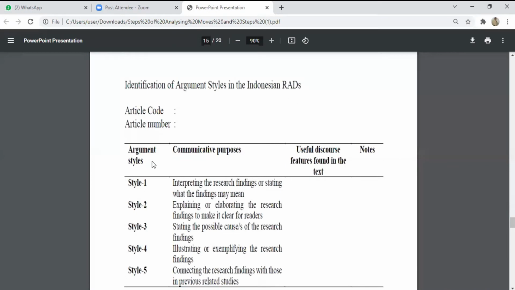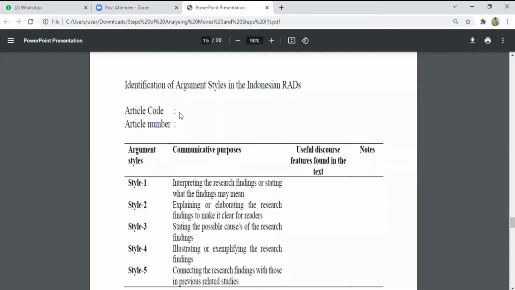This is called argument style. Style one, the communicative purpose: interpreting the research findings or stating what the findings may mean. Step two, explaining or elaborating the research findings to make them clear for readers. Step three, step four, and step five.